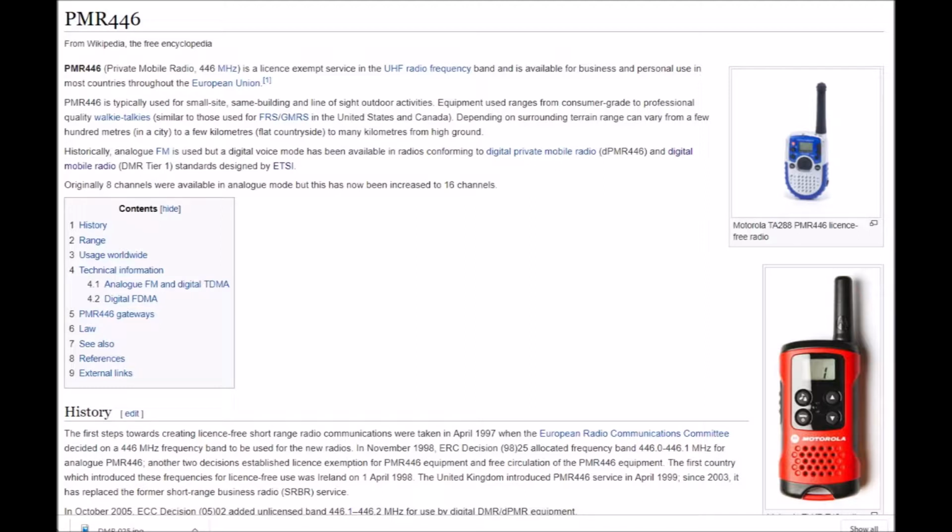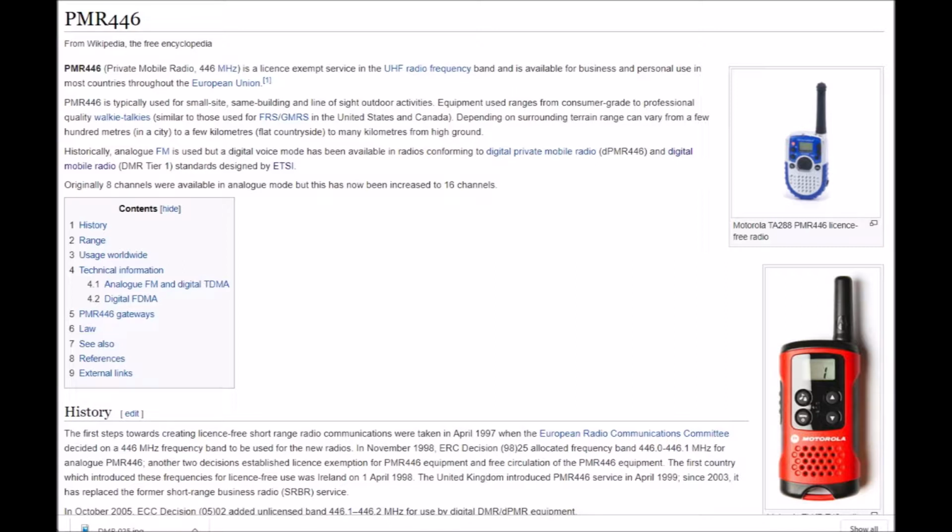Historically, analog FM is used, but a digital voice mode has been available in radios conforming to Digital Private Mobile Radio, dPMR446, and Digital Mobile Radio, DMR Tier 1 standards designed by ETSI. Originally, 8 channels were available in analog mode, but this has now been increased to 16 channels.